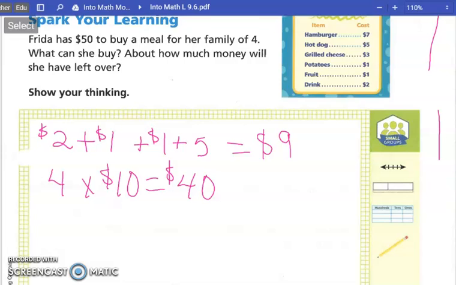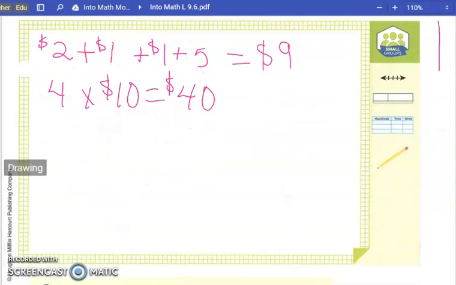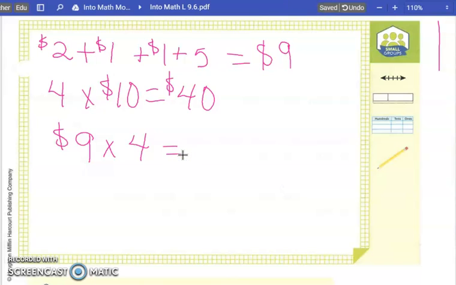How much did she have to start with? $50. And we're saying she's going to spend 9 per, let's move that. Let's figure one thing before we do that. What is $9 times 4 people? 36. Yep, that's one of our facts. $36, right?